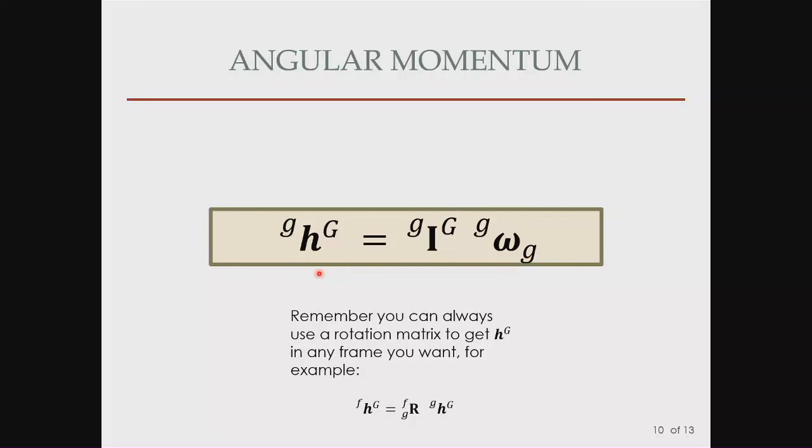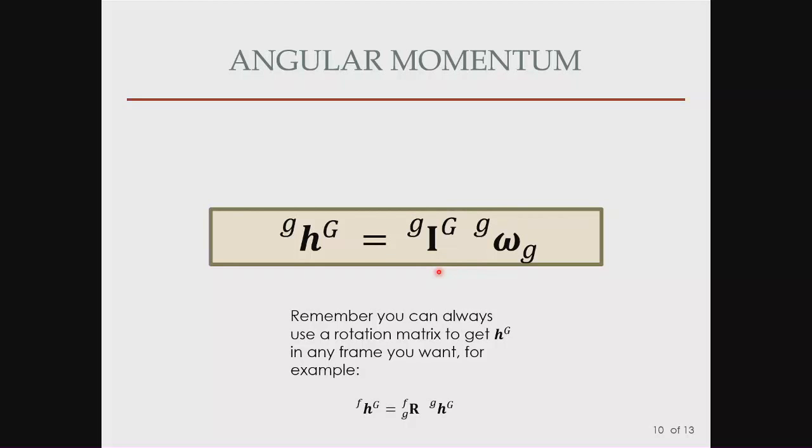So angular momentum you can calculate in any frame you want. This is a vector, and you can represent this vector in any frame you want. If you want to move omega from frame g to another frame, you just rotate by a rotation matrix. This one, the inertia tensor, is not a vector, it's a matrix. So don't just pre-multiply it by a rotation matrix to get it in another frame.